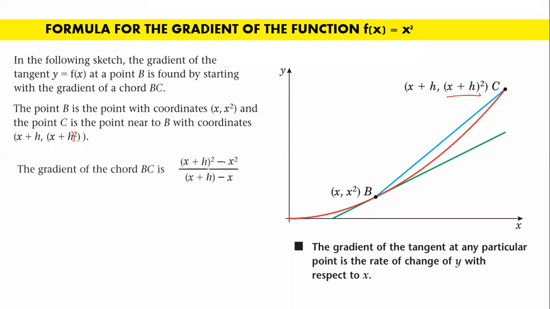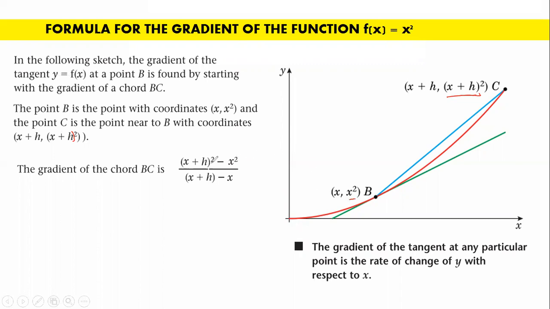Now, let's try to find the gradient of the chord BC. The gradient of the chord BC should be the difference in y coordinates divided by the difference in x coordinates. The y coordinate at C is (x plus h) squared. The y coordinate at B is x squared.